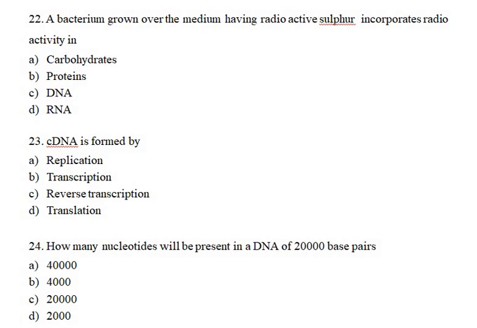So each nucleotide contains only 1 base. So one base pair contains 2 nucleotides. 20,000 base pairs contains 40,000 nucleotides. So 24th question, option A is the right answer.